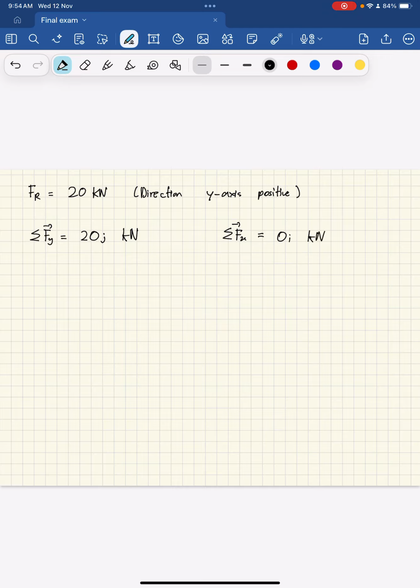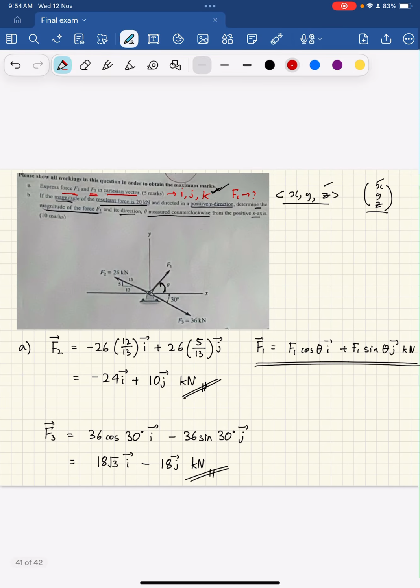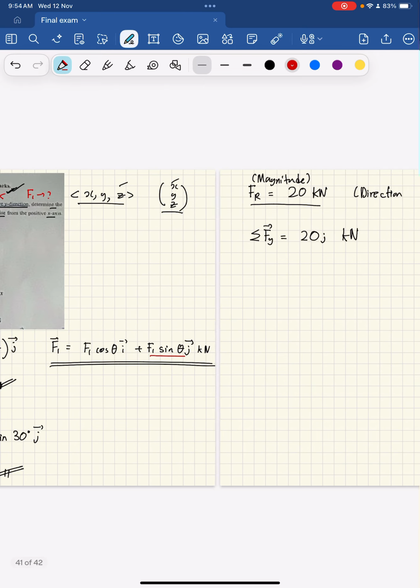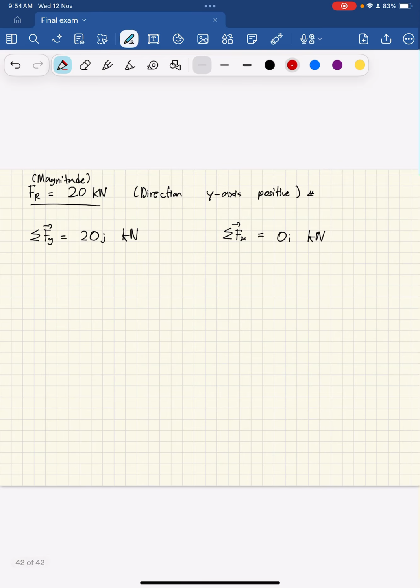The 20 kilonewton we've mentioned is the magnitude of the resultant itself, not the vector, and the direction is the positive y-axis. So what we're going to do is take the y component of all the vectors here, for F2, F3, and F1, and solve it.